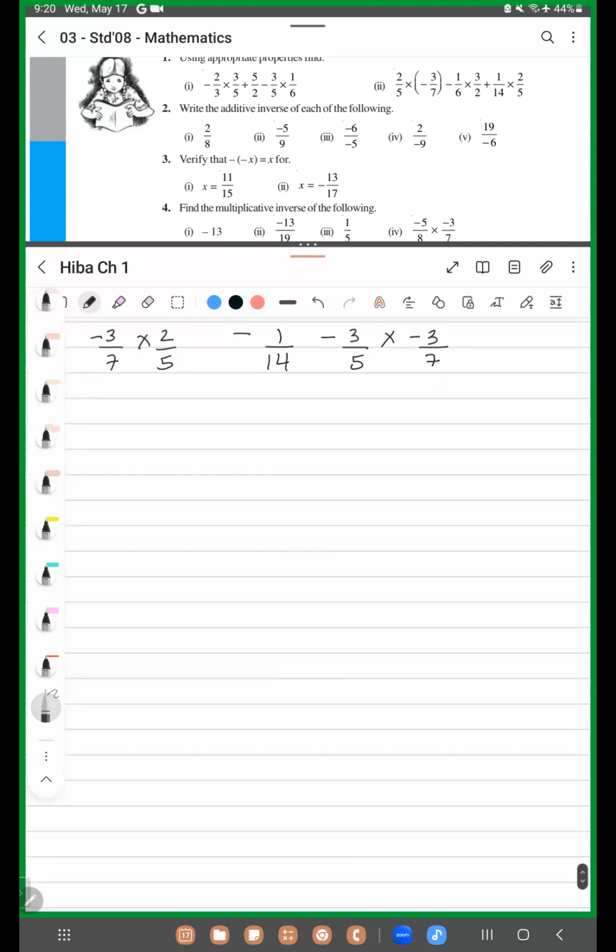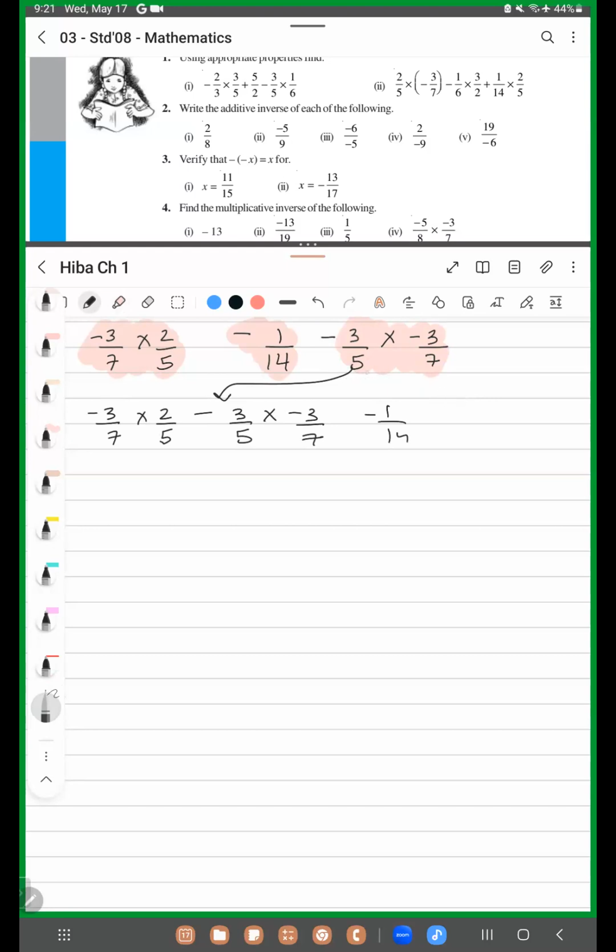Now look, term separation. What are we doing? Term separation. You can take this as this also. Now -3/7 multiplied by 2/5, we will bring it over here. -3/5 multiplied by -3/7 minus 1/14.